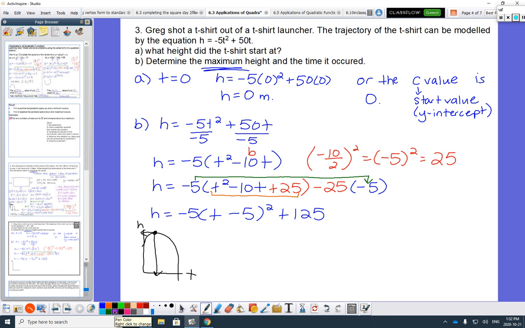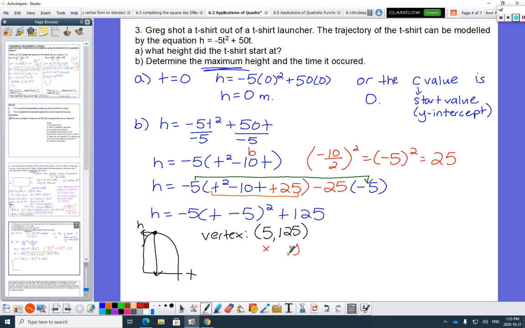So if it helps, write what the vertex is. So +5. You can even go back to like grade 9. If you have the first value here, what's this value? X, and this one's y.